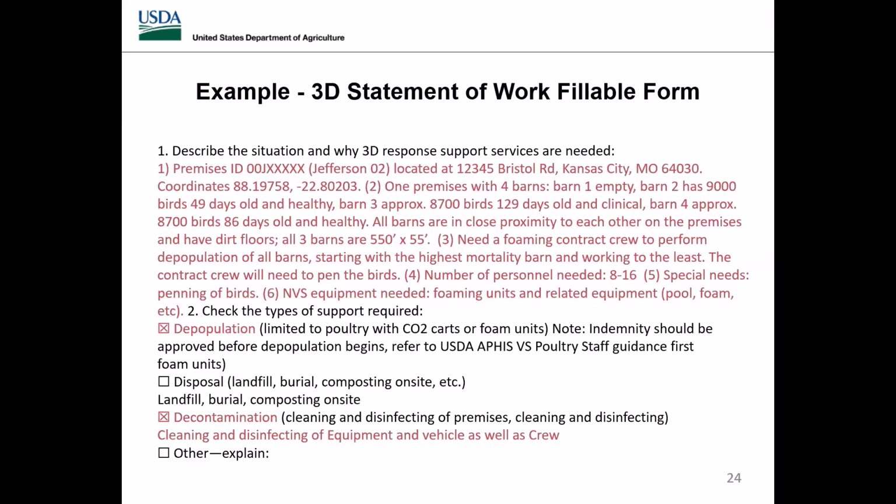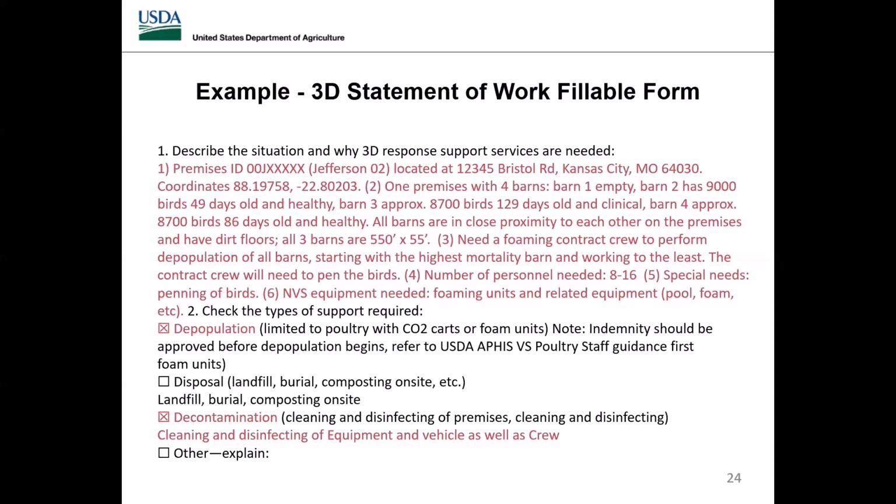The street address and the coordinates are all in that first item 1. And then in 2, we talk about the barns on the premises, the number of species. Actually, the species aren't listed here.